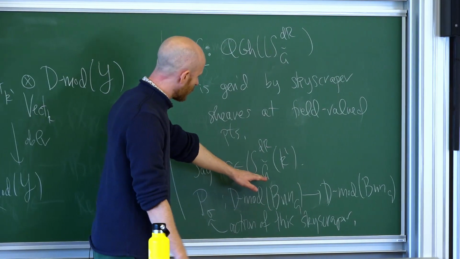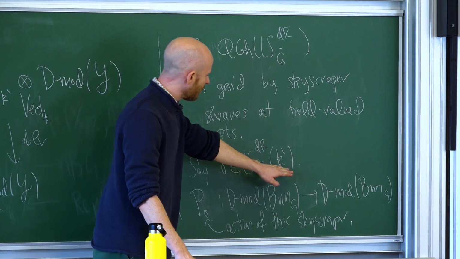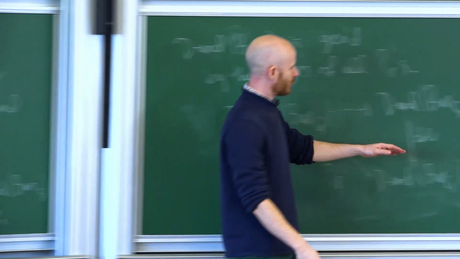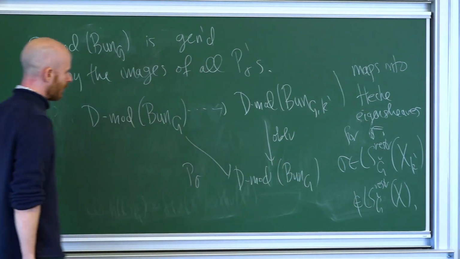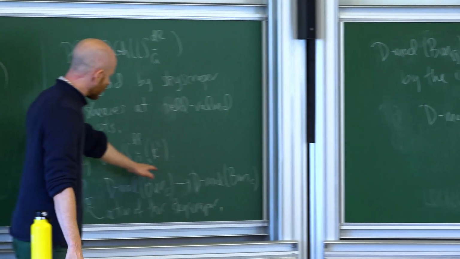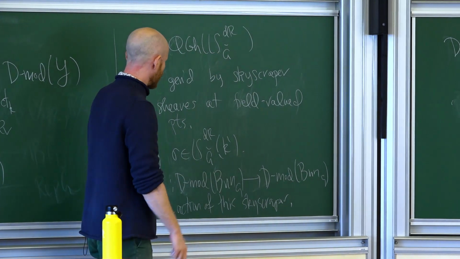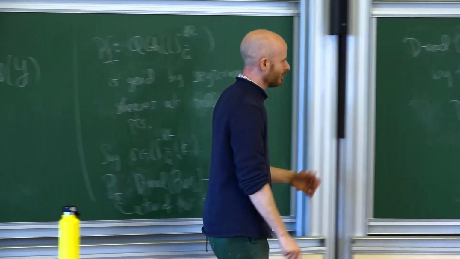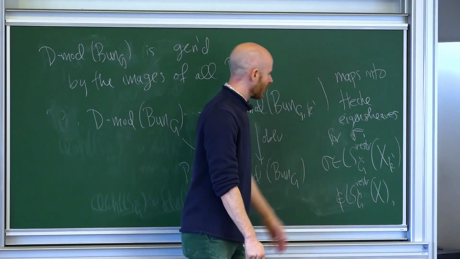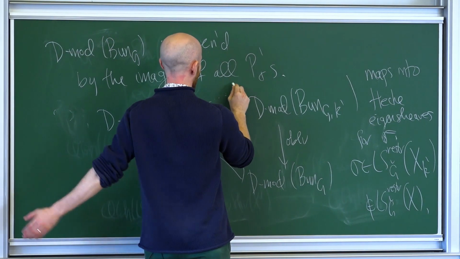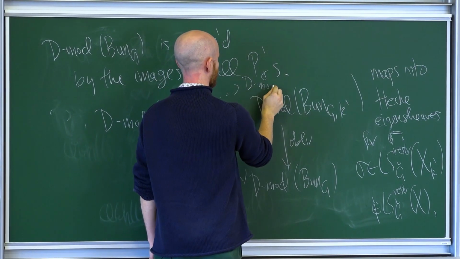It's just a vector bundle with connection on X, but defined over K prime. That's exactly the kind of thing that gives you a point of this LocSys restricted. But when I restrict that vector bundle with connection, I might get some huge non-holonomic thing on X, and so it doesn't count here. And so then I'm saying that, by that theorem, it's going to factor through this D-mod nilp.